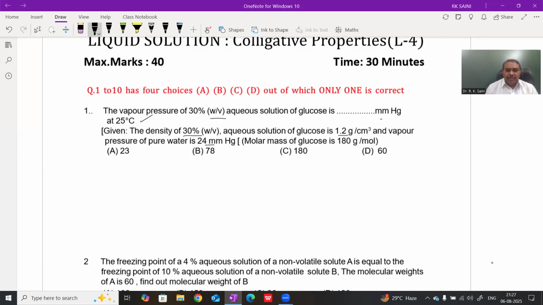First of all, our aim is the vapor pressure of the aqueous solution of glucose.